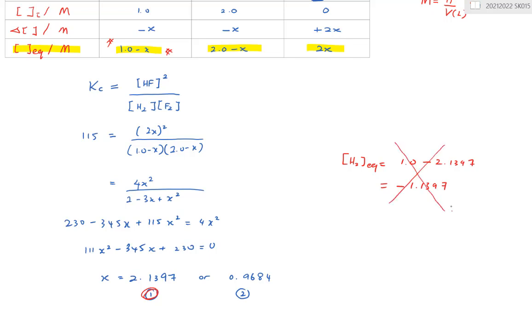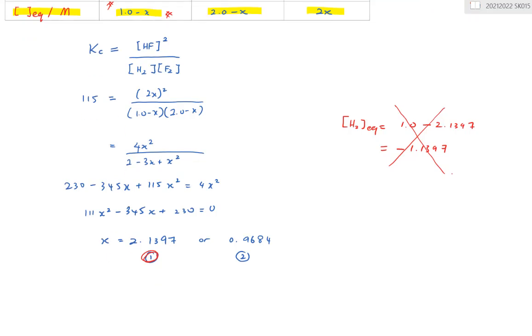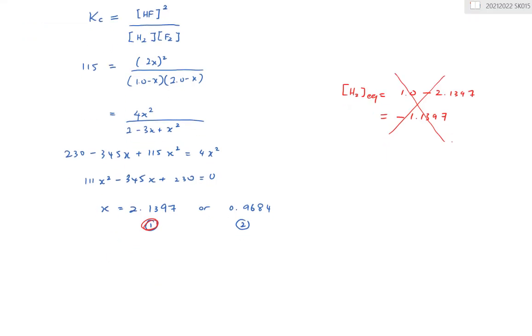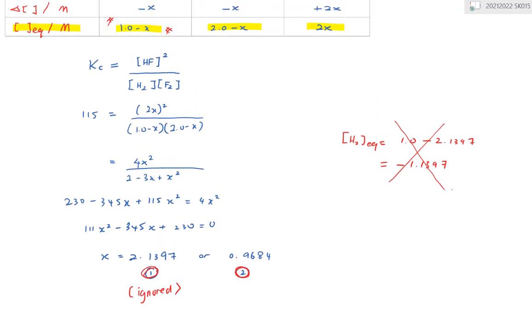The concentration cannot be a negative value. Therefore, we will say the first value of x, 2.1397, is not valid, so we can ignore it. And then let's try the second value, 0.9684.